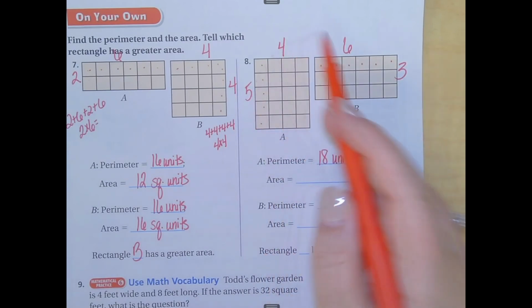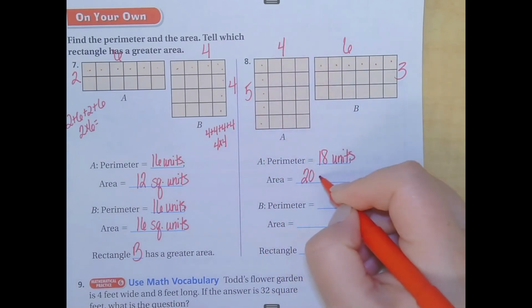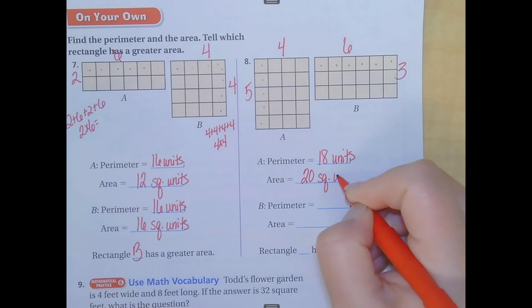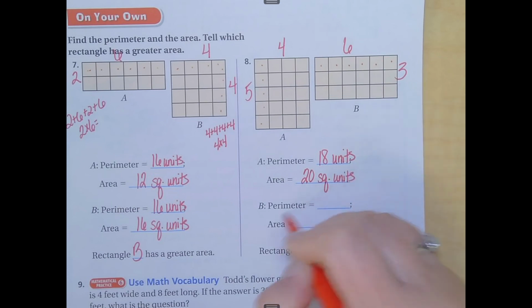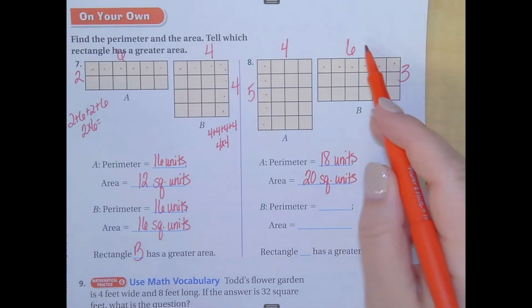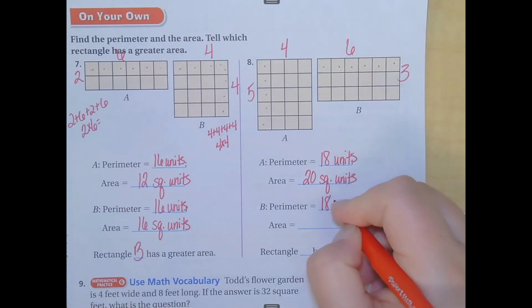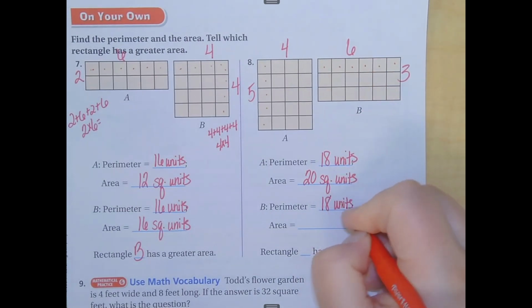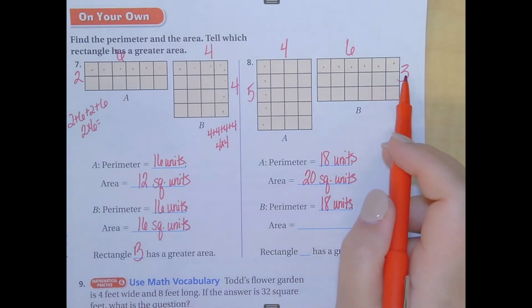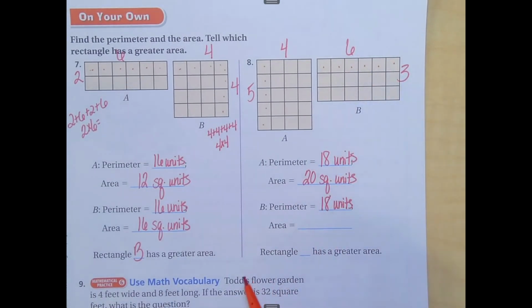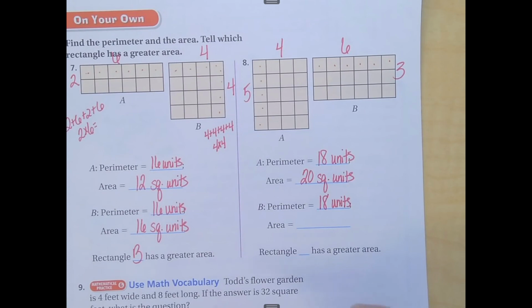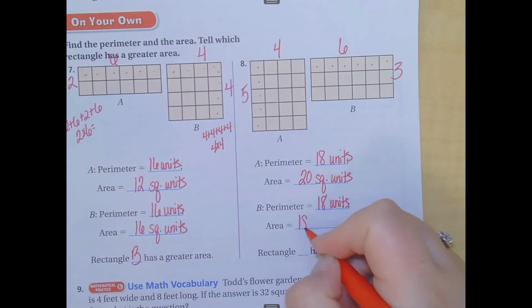Area 5 times 4, 20 square units. B, 3 plus 6 is 9, plus 9 is 18 units, so the perimeter is the same. And then the area would be 3 times 6, which is 18 square units.